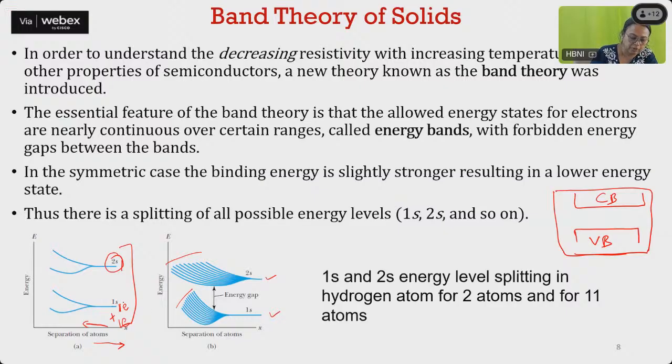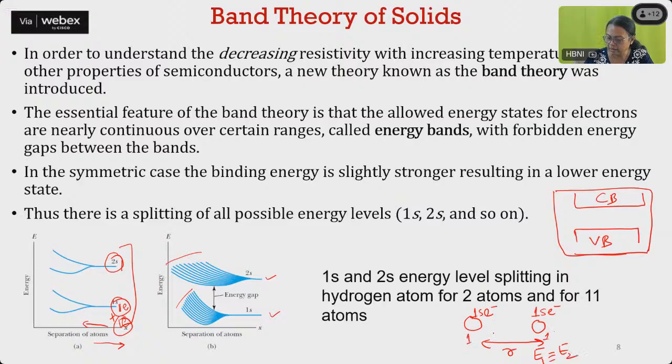When they are very far apart, they can have their independent energy levels. When they are at a different distance, they can have the same energy level: E1 is the same as E2. So if you say this is 1 and 2.